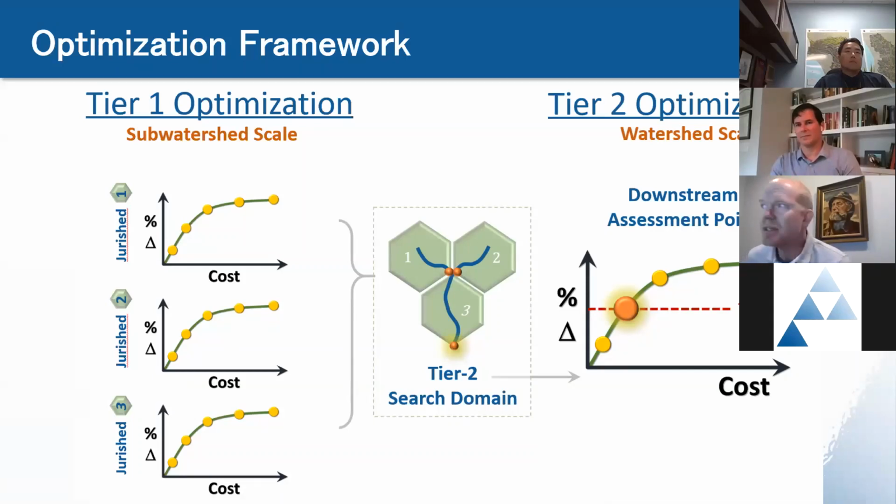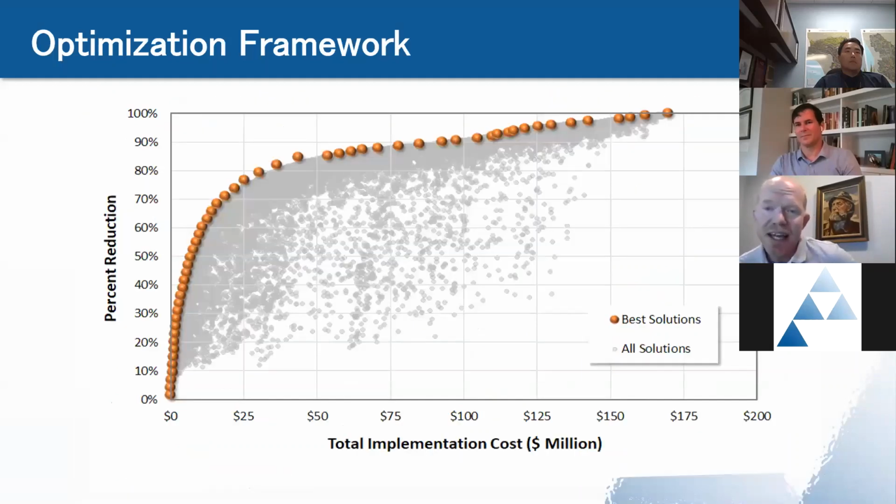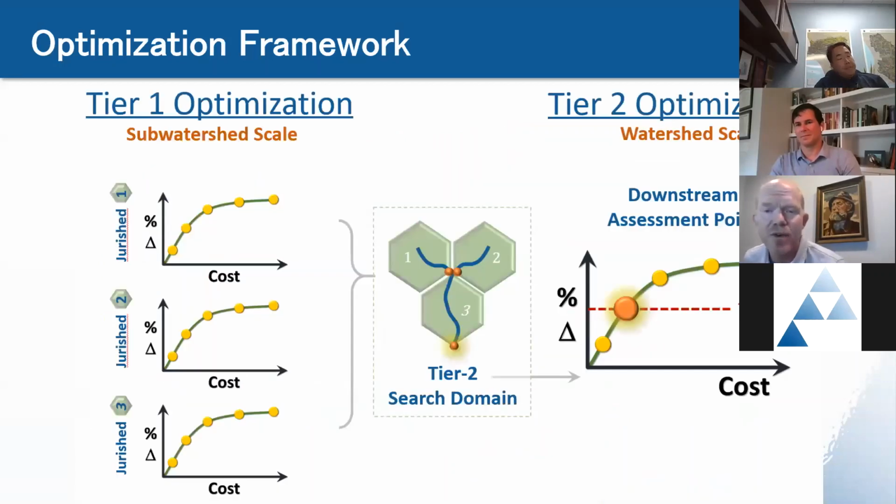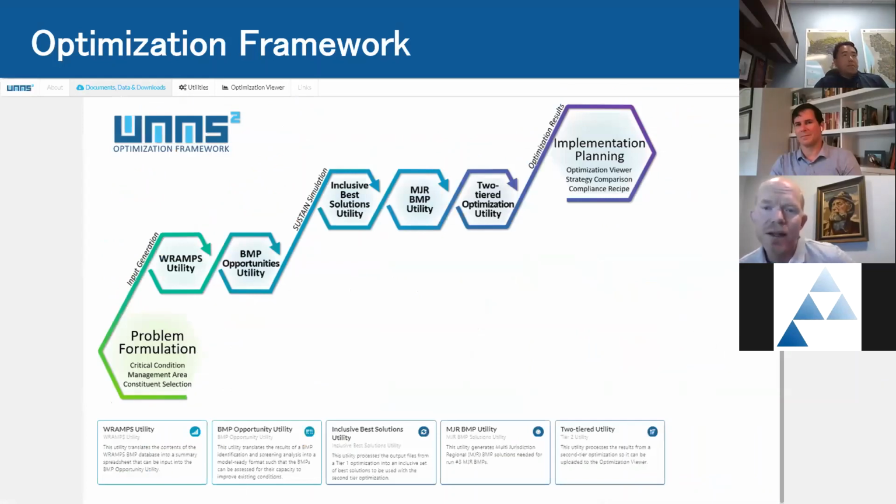As you can imagine, if you think about this curve, there's a time series associated with every single one of those dots. The management of the data and the time series has always been the biggest challenge with using Sustain at the watershed scale. In many ways, the optimization framework in WMMS 2 is helping users follow that workflow and manage those input and output files in order to get an optimization curve.